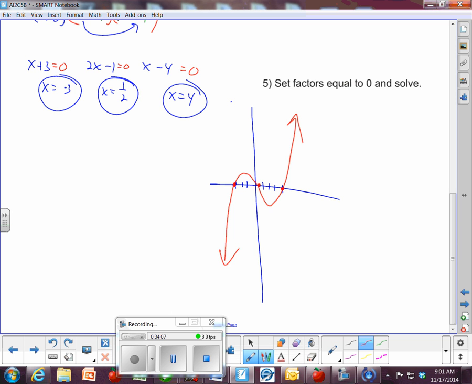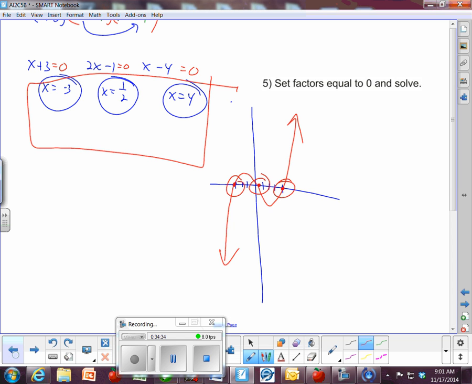But these zeros are the key to everything, and that's why we got to find them, and that's what we're doing. Okay? So remember, finding the zeros of a polynomial function is exactly the same thing as solving a polynomial equation. If you were solving a polynomial equation, you'd say x equal -3, x equal 1/2, x equal 4. If it's a function, those are the zeros.